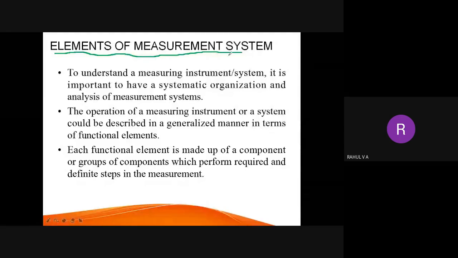Okay, what is a measurement system? What is a measurement system? Okay, let me give an example. All of you might have seen the weighing machine in the shop, an ordinary shop, okay, or a supermarket.